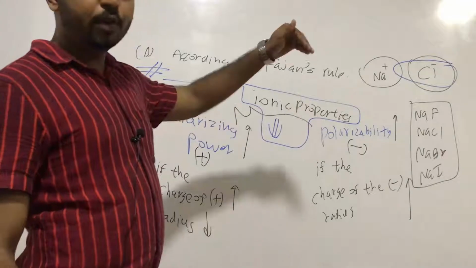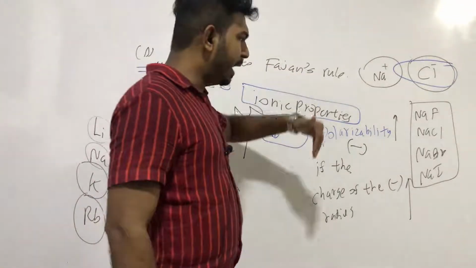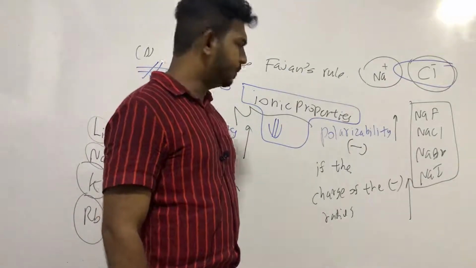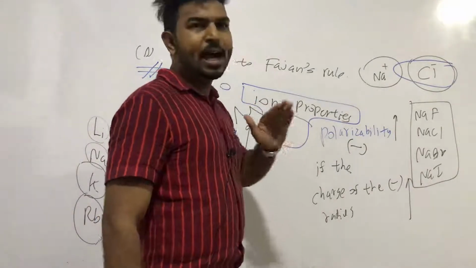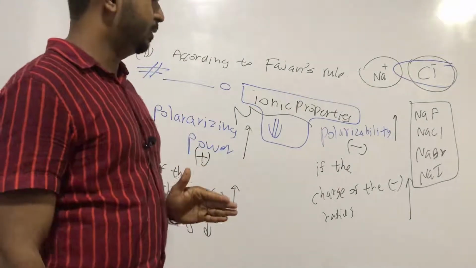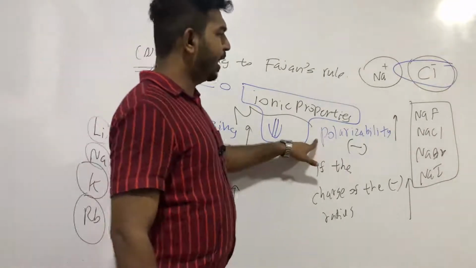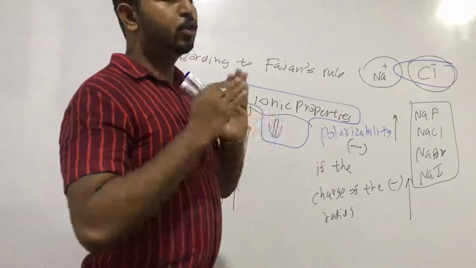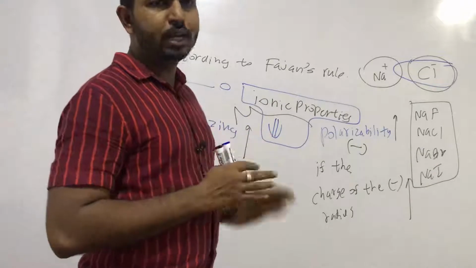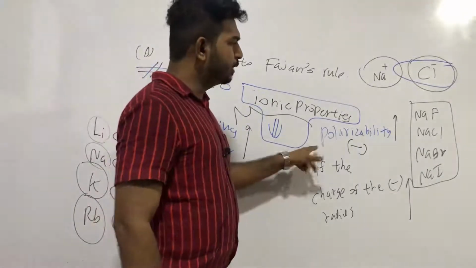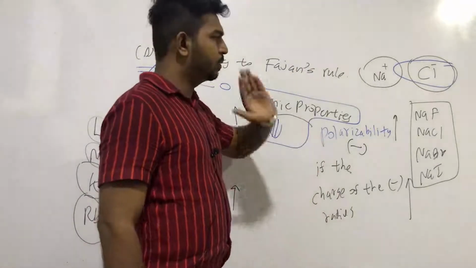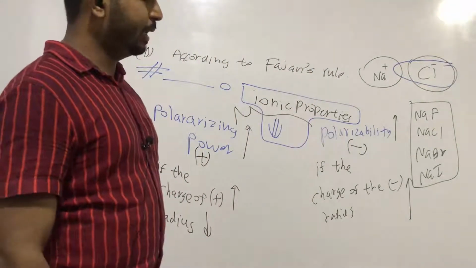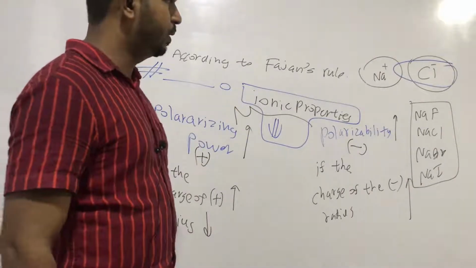So downwards the group, ionic radius increases. So when the ionic radius increases, we know that polarizability also increases, or the distortion increases. The ability of distortion increases. So since polarizability increases, we know that ionic properties decrease downwards the group.